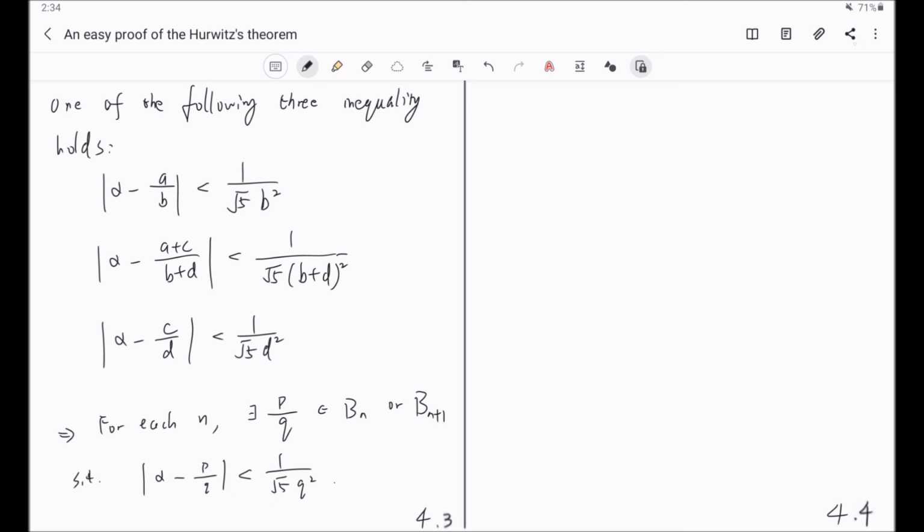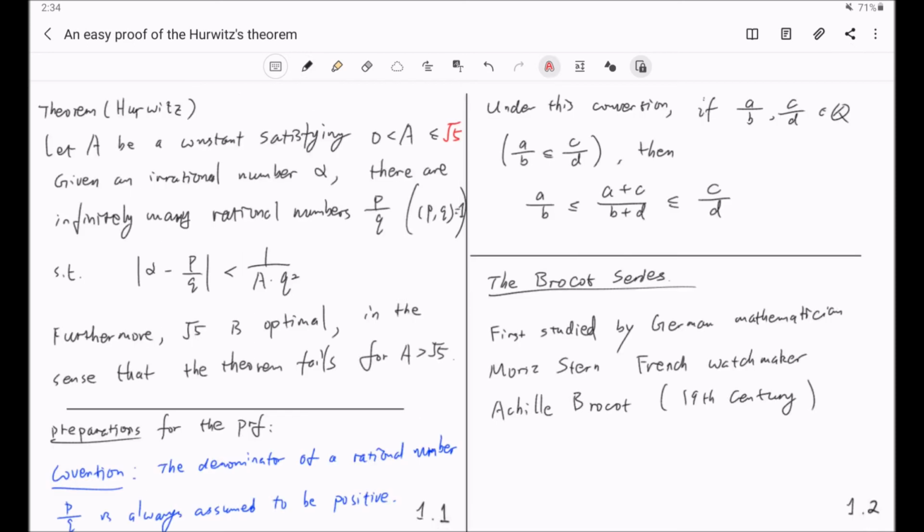But wait, it is not done yet. Remember the Hurwitz theorem requires that there are infinitely many rational numbers. And here we just got one of them. How do we get infinitely many?